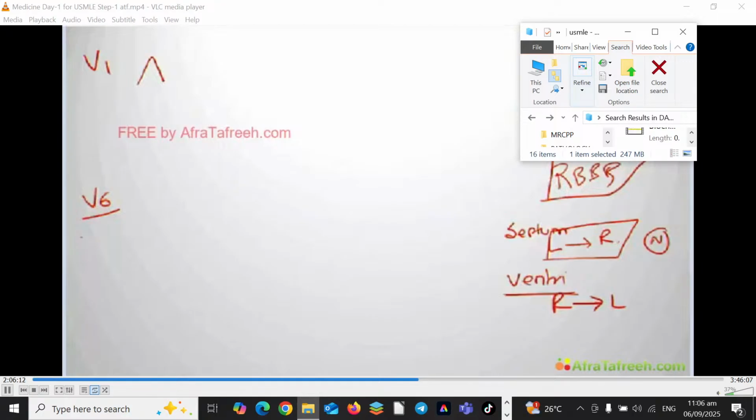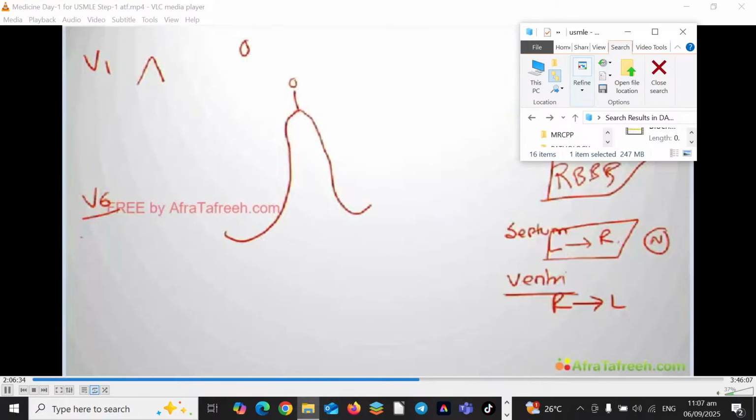The ventricle was depolarizing from right to left. This is because of the conducting fibers. This was your right, this was your left. Electricity went both ways, because for this it had to go a long time.